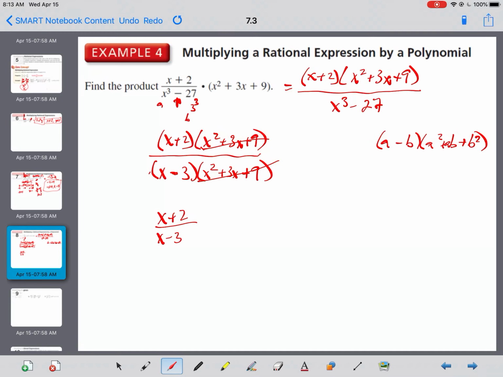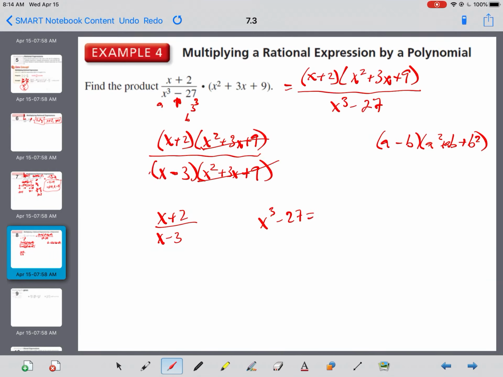Now, let's get rid of things they have in common. Oop, there's one. Oop, there's one. We're left with x plus 2 over x minus 3. Now, we have to be careful. What do we pick for the simplified form? What can x not be? What would make it a 0 in the bottom? Well, let's see.